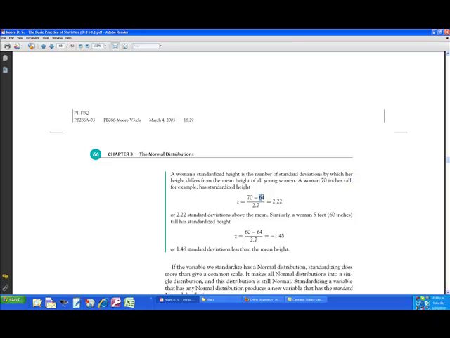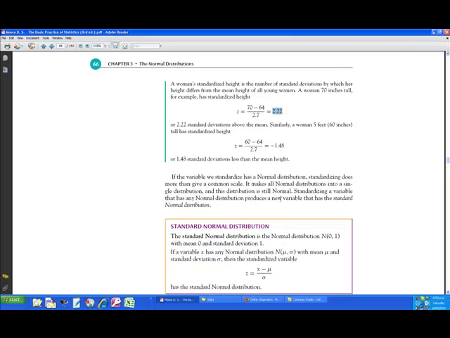Well, she's 70 minus 64 above the mean, and that's 6. But how many standard deviations is that? Well, that's 6 divided by the size of a standard deviation, 6 divided by 2.7. So that's her standardized height, or her standardized score. So she's 2.22 standard deviations above the mean.